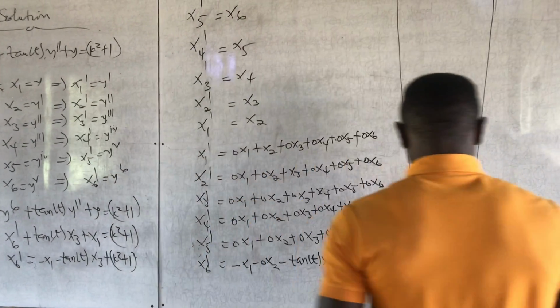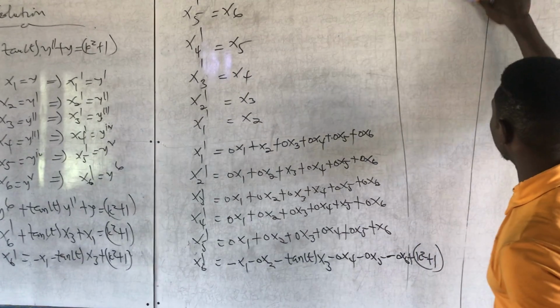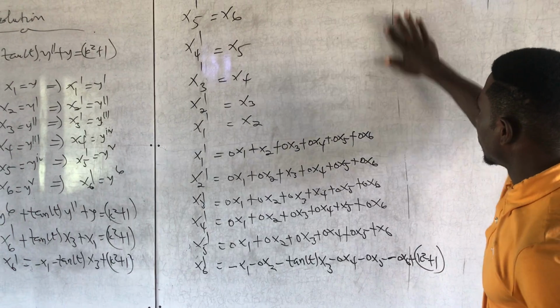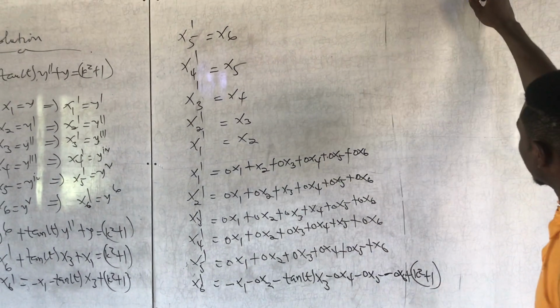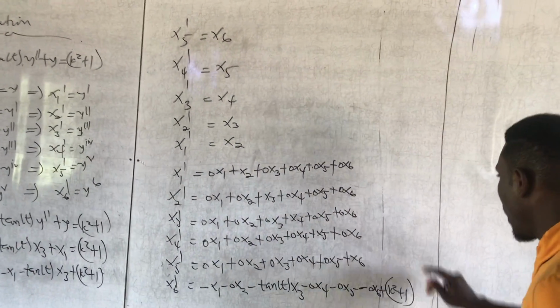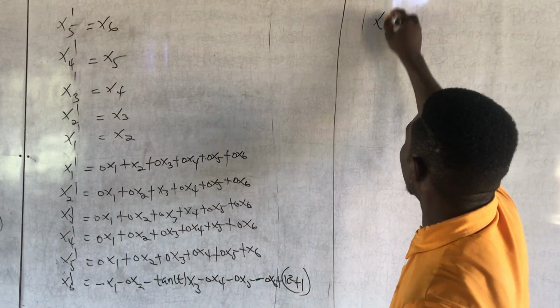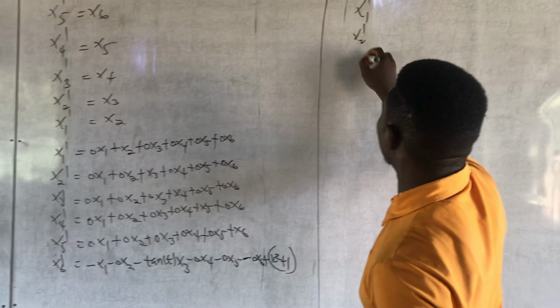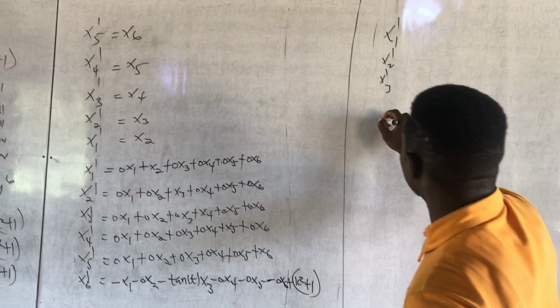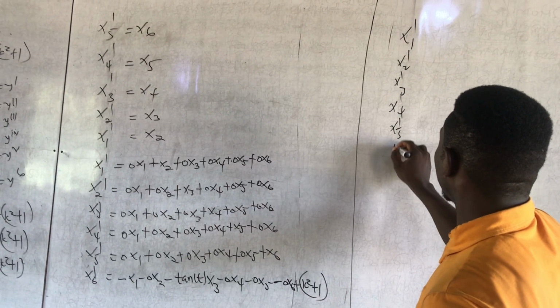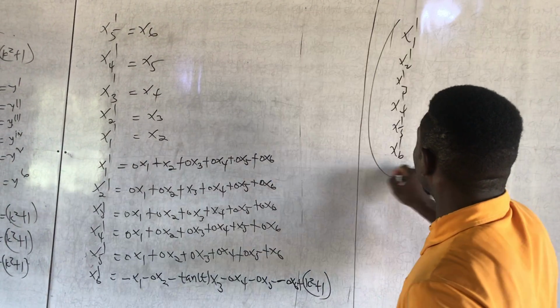Now, if we are to write this in an autonomous system, we will have our x1 prime, x2 prime, x3 prime, x4 prime, x5 prime, x6 prime.